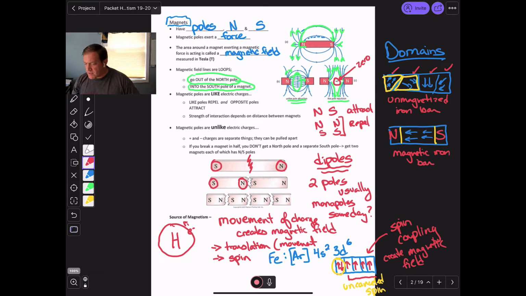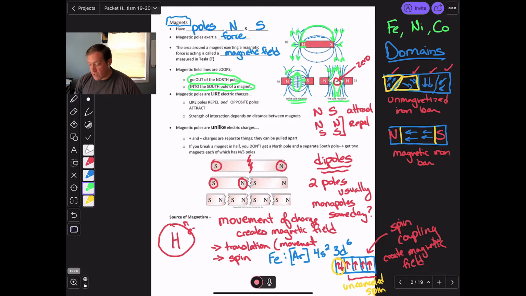So what other elements can do this besides iron? And the answers are iron, nickel, and cobalt are the three dominant atoms. If you look on the periodic table, they're in the transition block, the D block, and that means they have something in common. They have unpaired D electrons. So most atoms have paired up electrons, and that leads to no magnetism, okay?